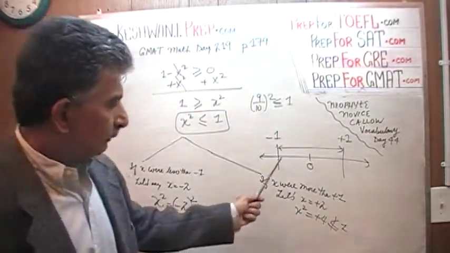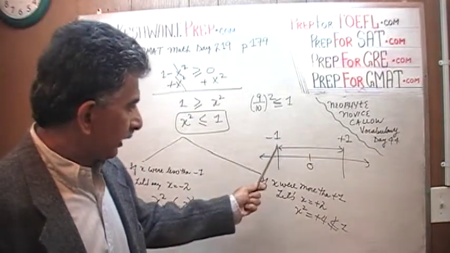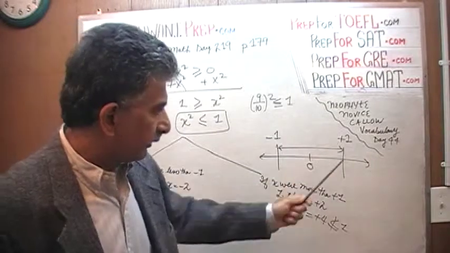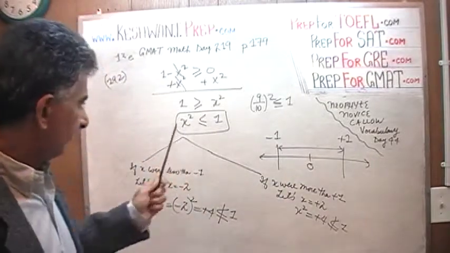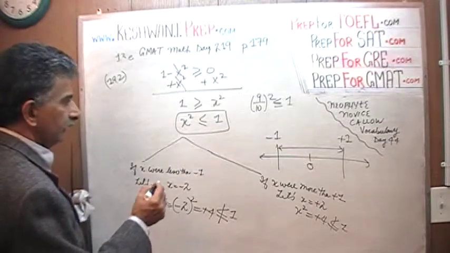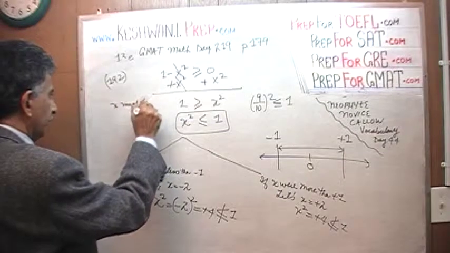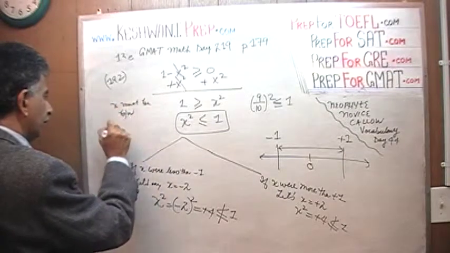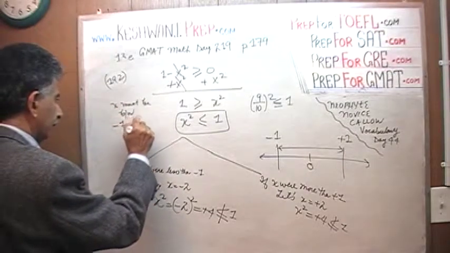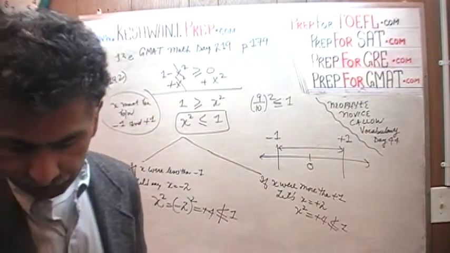So anything positive or negative, because by the time you square it, it becomes positive, anything between -1 and a positive 1 does the job. What this tells us is that x must be between -1 and +1.